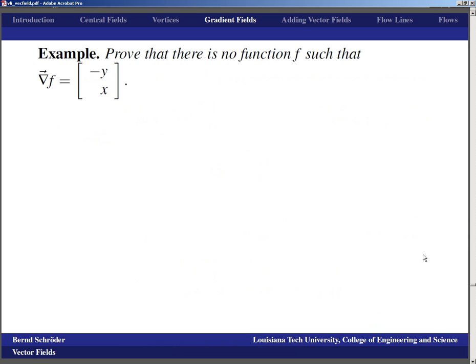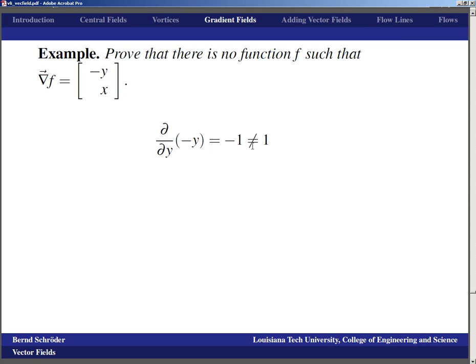Okay, so now as an example, let's look at this vortex field one more time, and let's now prove that there is no function f such that gradient of f is negative y in the x component and x in the y component. Well, if I take the y partial of the x component, I get the derivative with respect to y of negative y, which is negative 1.